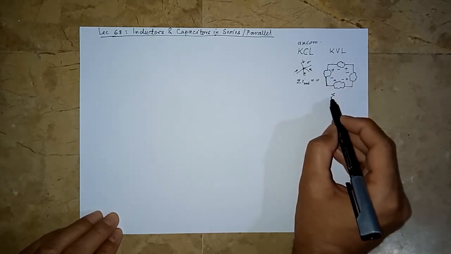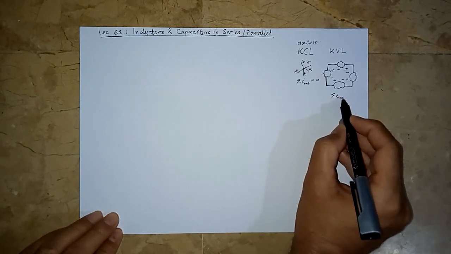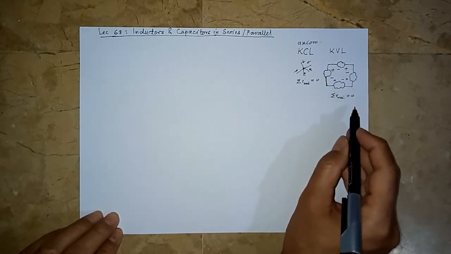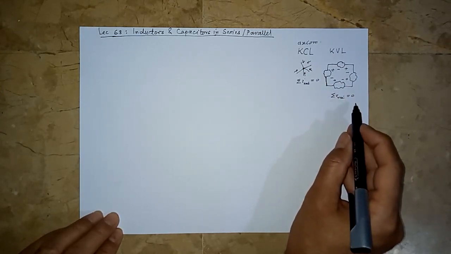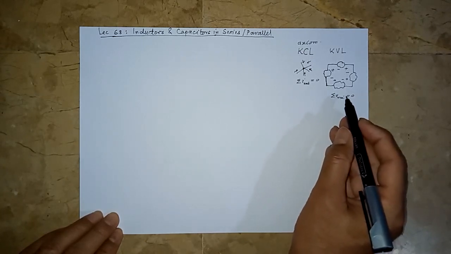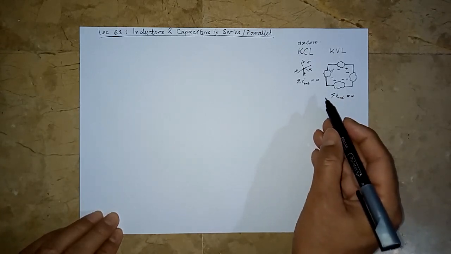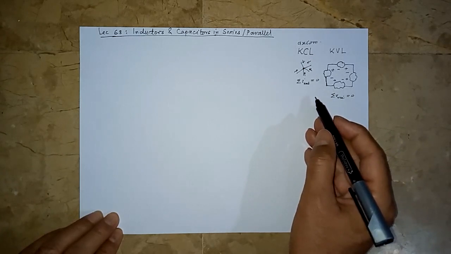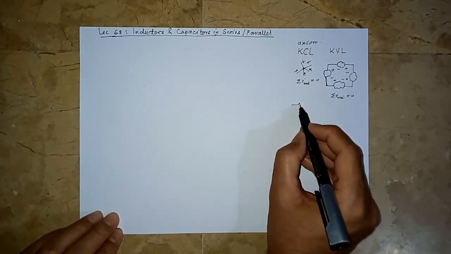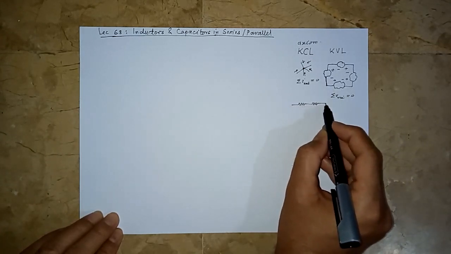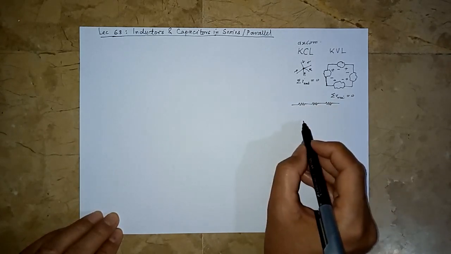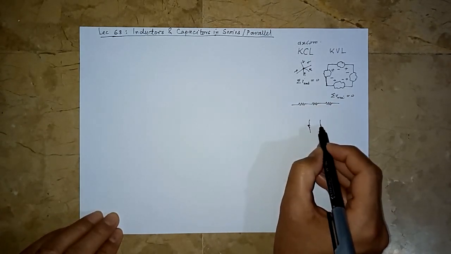So the sum of all the voltage rises in a closed loop or mesh would be zero. These are self-evident axiomatic laws, and we have based our understanding of how resistors in series and in parallel behave on them.